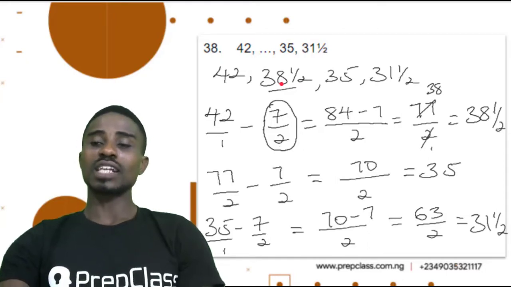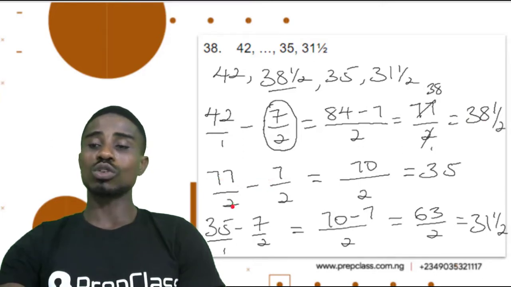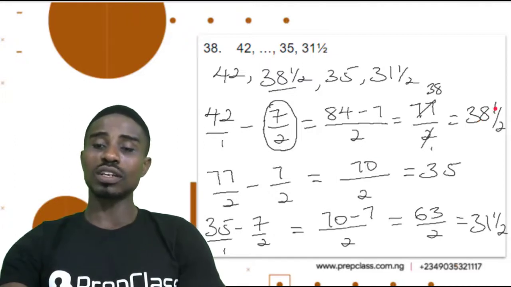All right, let's continue. So let's see 38 and a half minus 3 and a half. If it will give us 35, then we can agree to this. So 38 and a half can be represented as 77 over 2. 2 times 38 will give us 76 plus 1, 77 over 2, minus 7 over 2, which is our representative for 3 and a half.